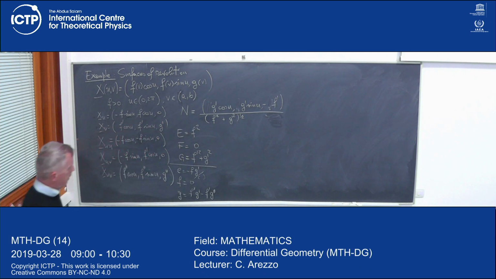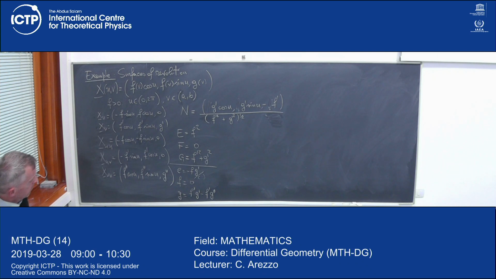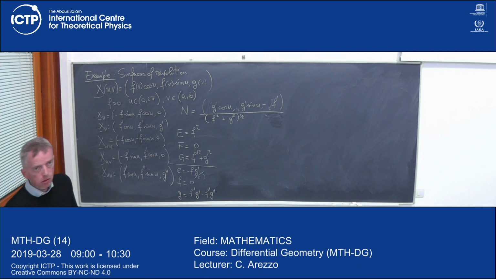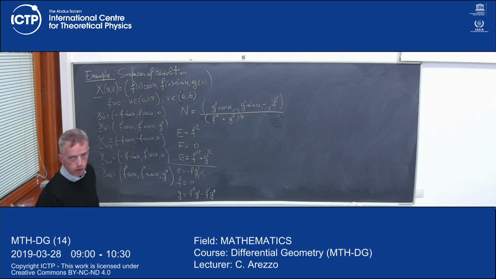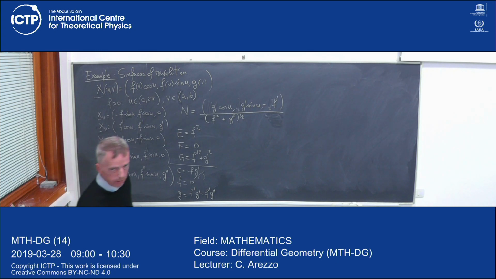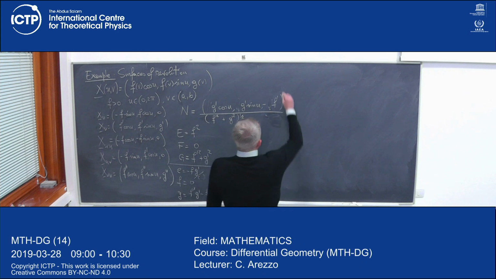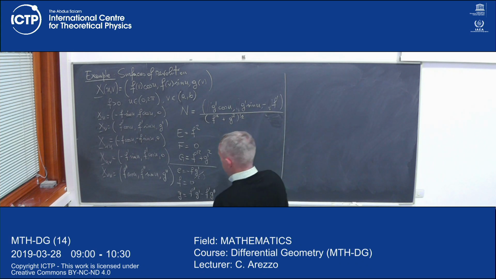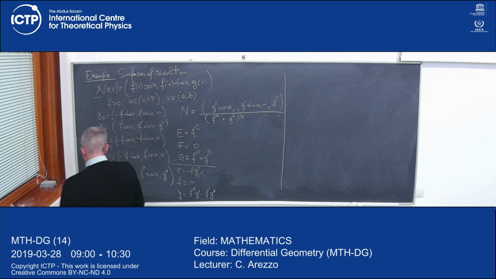So in principle, I could write down everything. What do I want to get out of this? Let's go to geodesics, which is kind of the most delicate thing. So how does the geodesic system look like now?